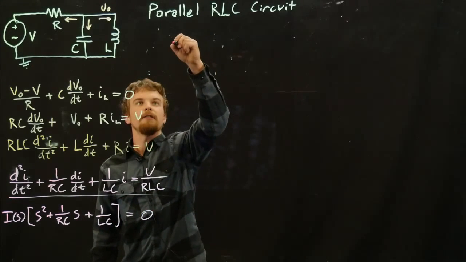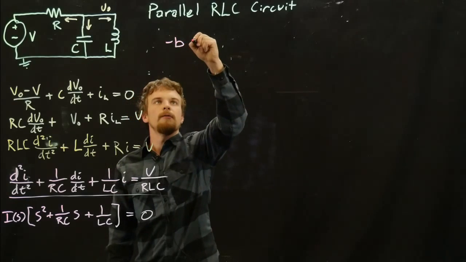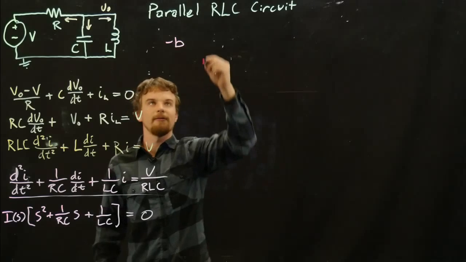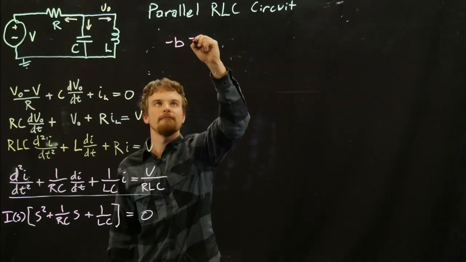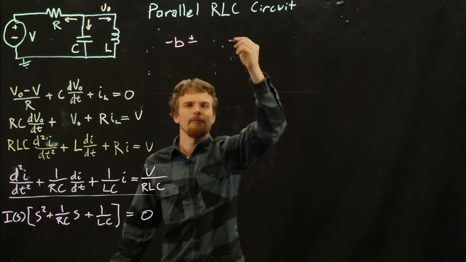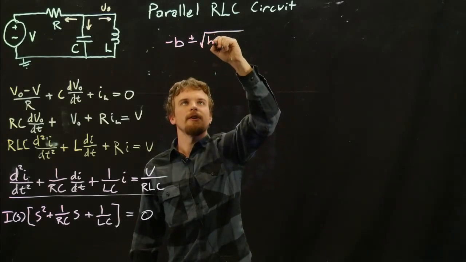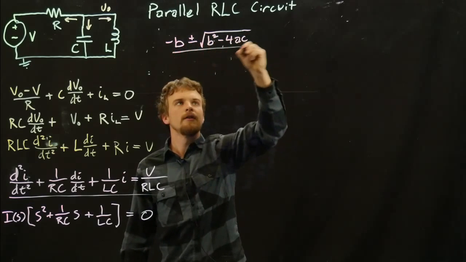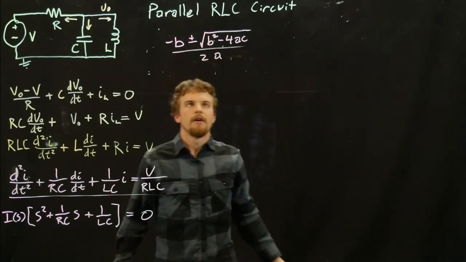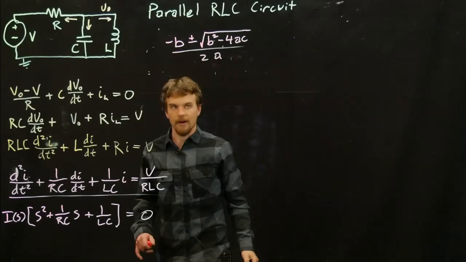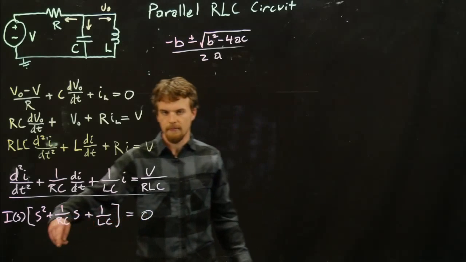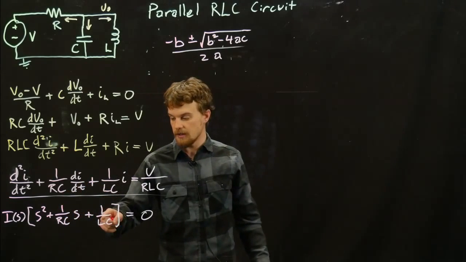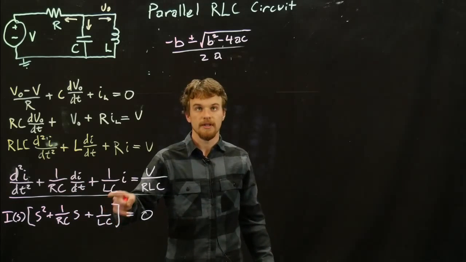It says that the solution is minus b plus or minus the square root of b squared minus 4ac, all over 2a, where those a, b, and c are all constants. So in our case, a, the first coefficient here, is 1. B is 1 over RC, and C is 1 over LC.